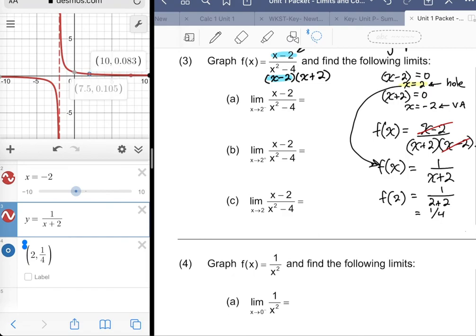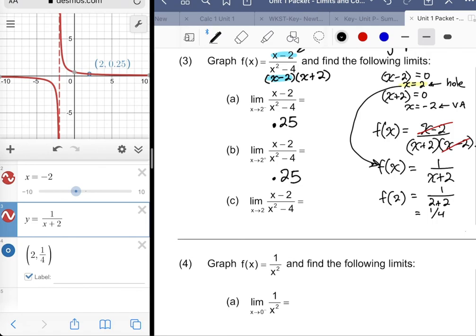I'm approaching that same open circle from the right, both of which have coordinates that involve y values of 0.25. So the y value at that location is 0.25, no matter whether you come in from the left or the right. Since there's agreement there, that would be what your limit is. Right. No problem.